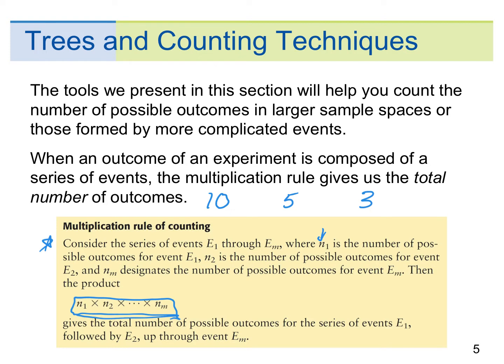Ladies and gentlemen, it's the multiplication principle. You simply multiply the number of possible outcomes for each event. This gives me 150. Ladies and gentlemen, there are 150 different t-shirt, jean, shoe outfits I could put on. Okay? Multiplication principle.